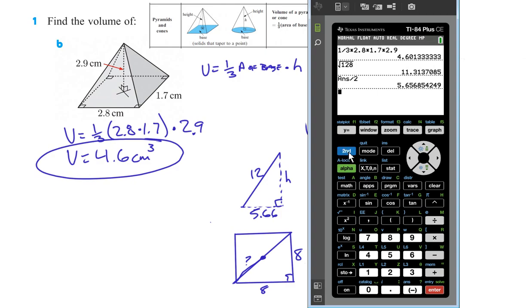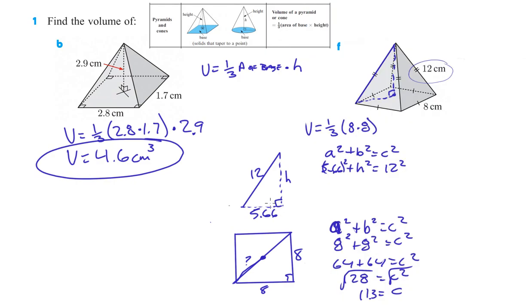Let's take that answer and square it, and, oh, look at that, that gives us exactly 32. So this is 32 plus h squared equals 144. Subtract the 32 from both sides, and we get h squared equals 112.